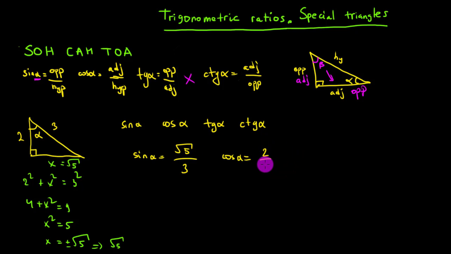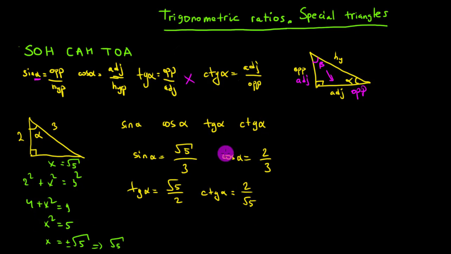Adjacent is 2, hypotenuse is 3. Tangent alpha, as we know, is opposite over adjacent, so root 5 over 2, and cotangent is adjacent over opposite.